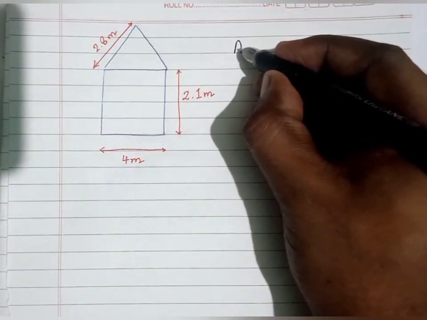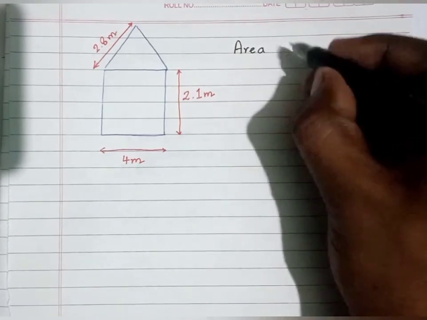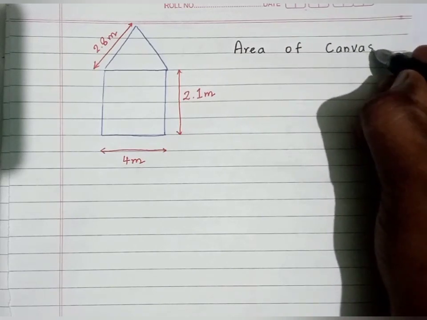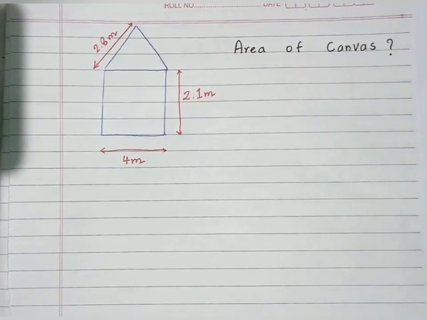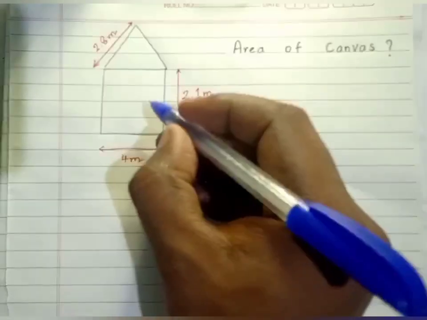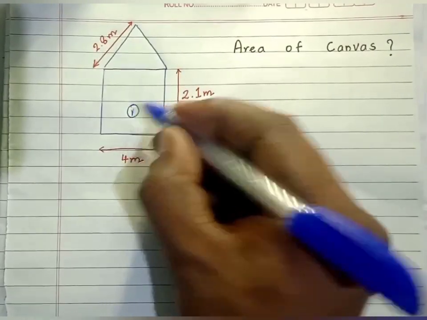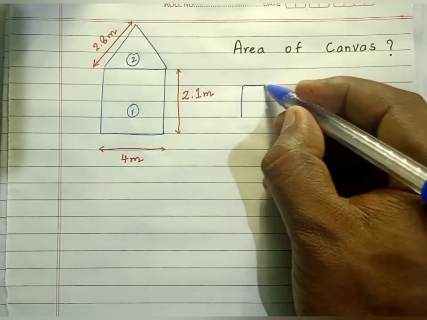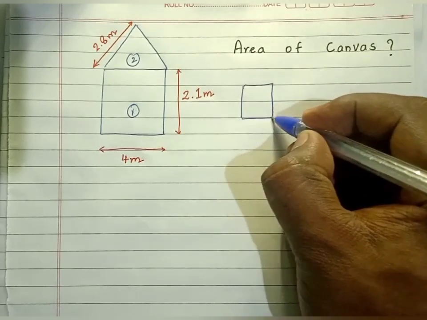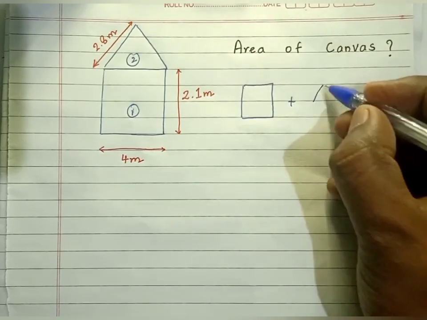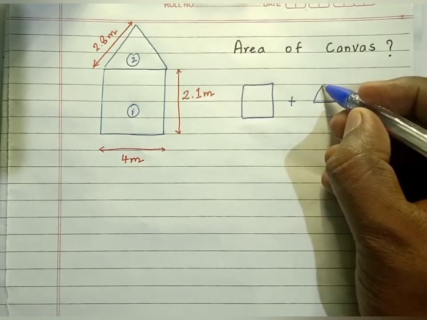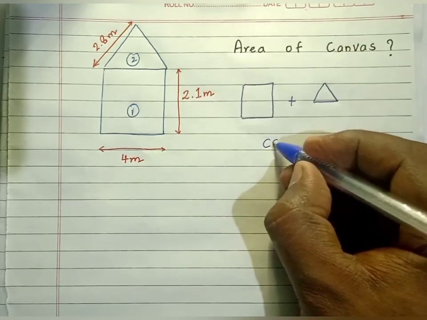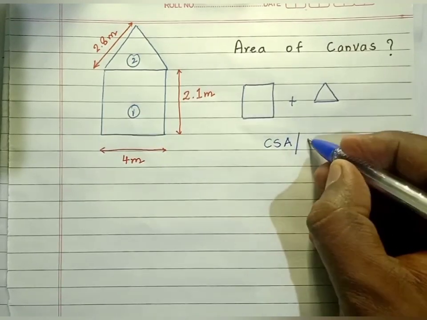Now we need to find out the area of the canvas used for making the tent. What I'll do, I'll divide the given figure into two parts. One is the cylindrical part and one more is the conical part. Now our question is, we need to find out whether CSA or TSA.